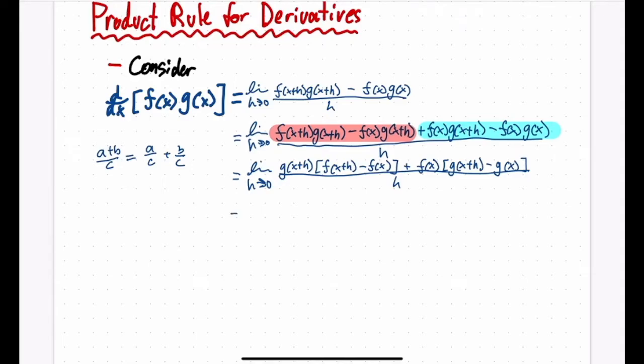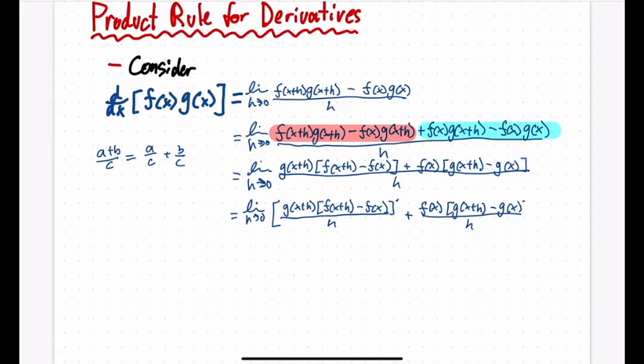So we're going to have this equal the limit as h approaches 0 of g at x plus h times f at x plus h minus f at x all over h plus f of x times g of x plus h minus g of x all over h as well.